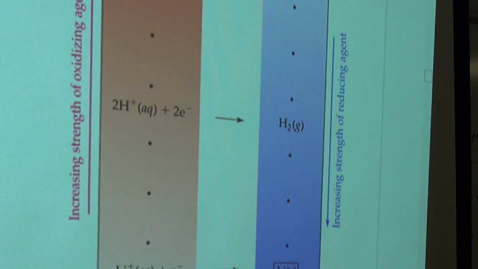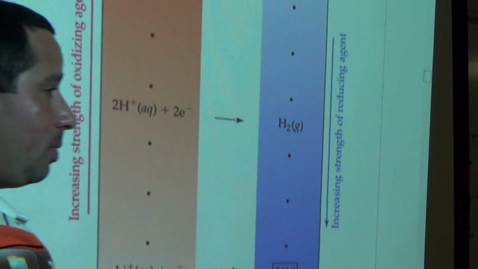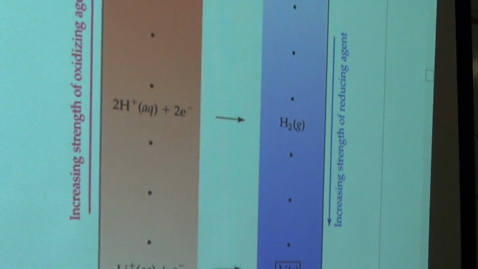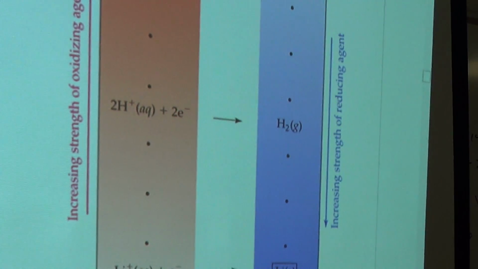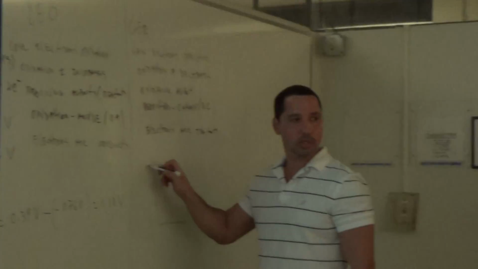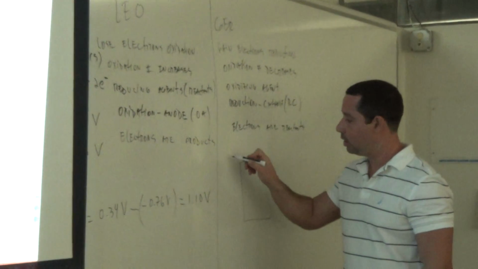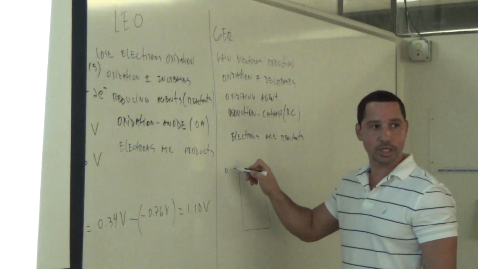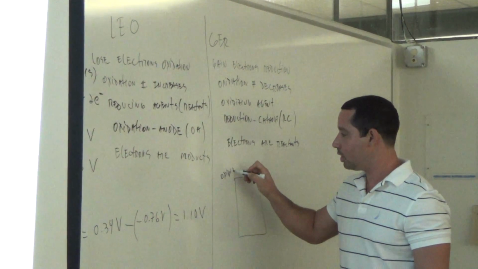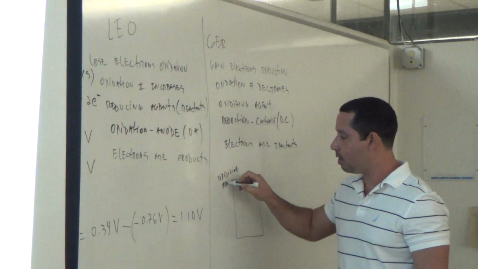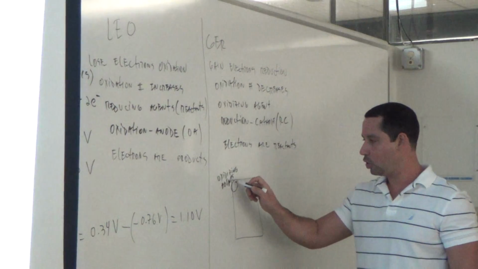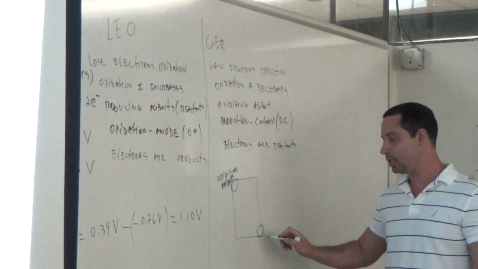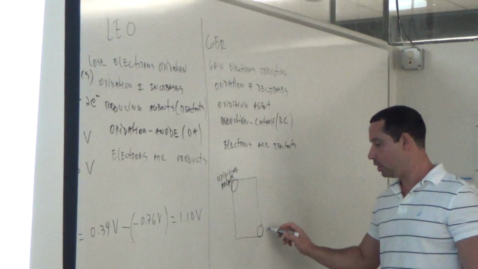You have to remember, I give you this reduction potential table. The ones up here are oxidizing agents. The most oxidizing agents are on this side. And totally opposite to that, on this side, are reducing agents. They are products here.